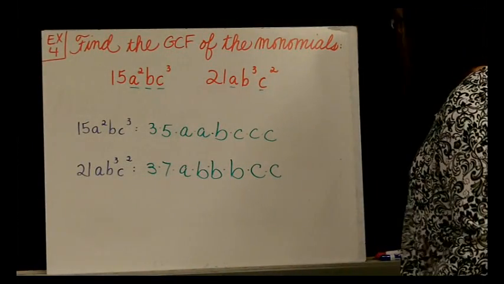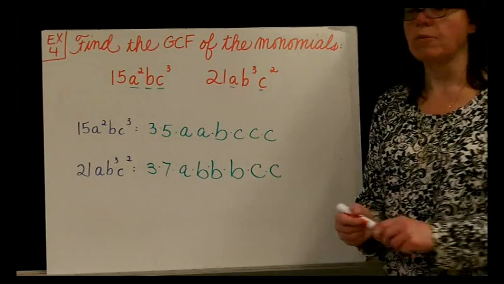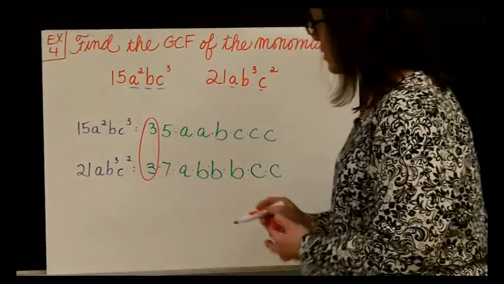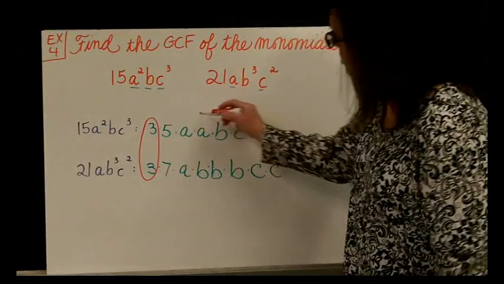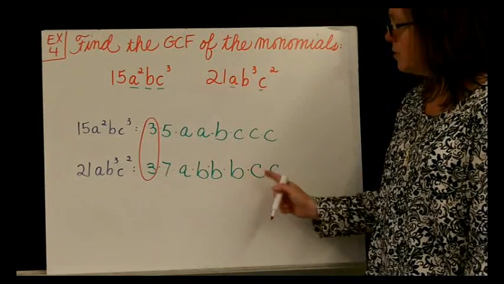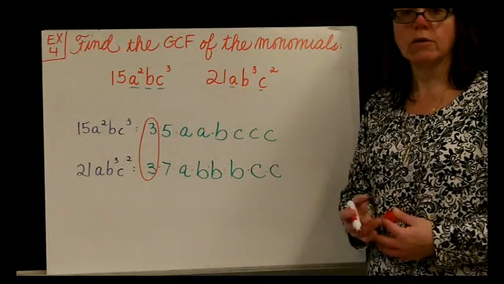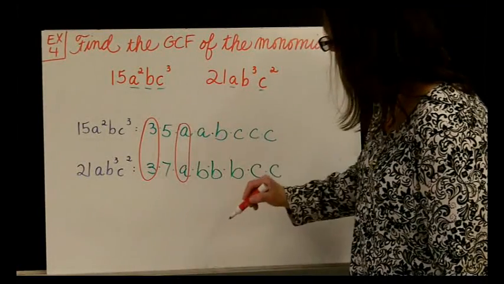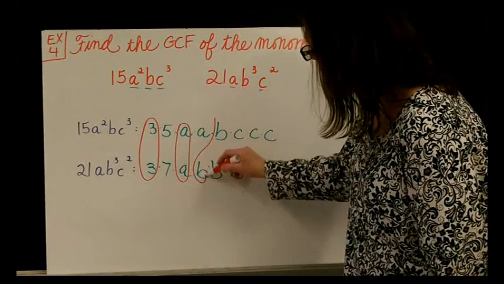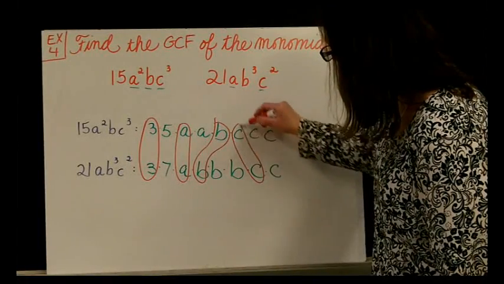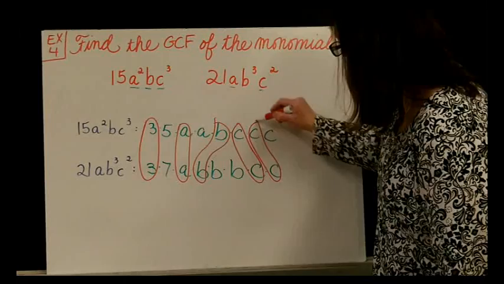Our next step, circle what they have in common. The only number they have in common is the prime number 3. And let's see what else. Well, notice that when I listed my variables, those are also in order. They both have an a, they both have one b, and they both have 2 c's in common.